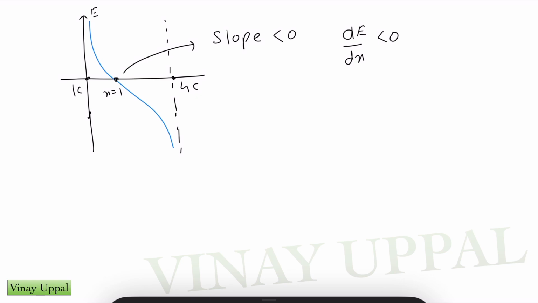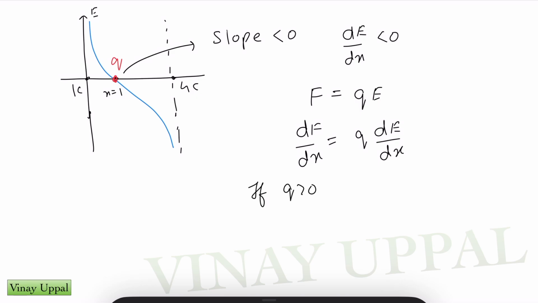Now if I were to place a third charge there, Q, the force on that charge would be Q into E. Now you should be able to see that dF by dx will therefore be equal to Q times dE by dx. Now if the slope is negative, that is dE by dx is negative, then if I look at the case where charge is positive, that will imply that dF by dx is also negative, and this is the condition for stable equilibrium position.